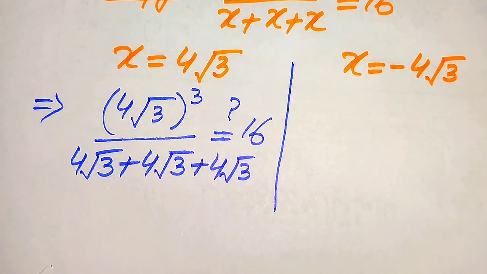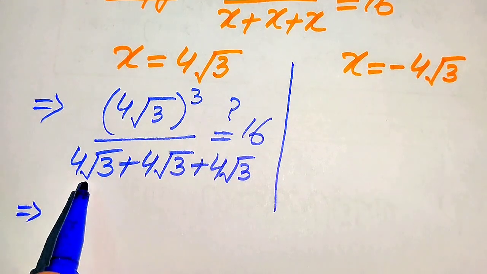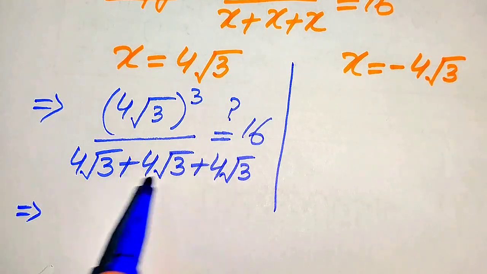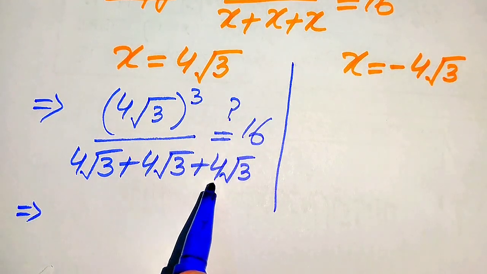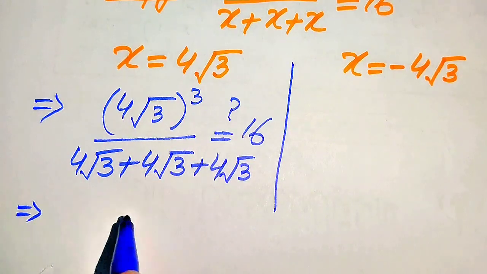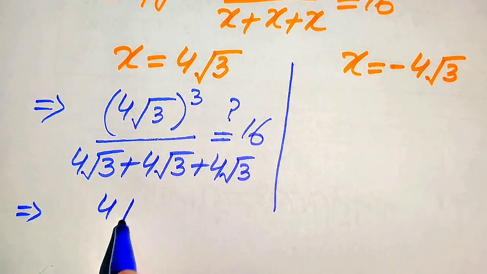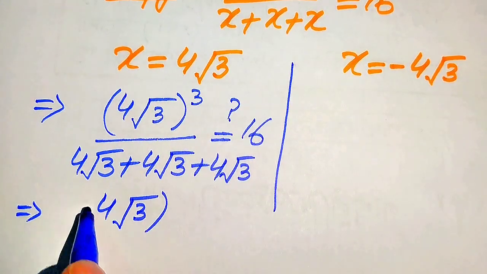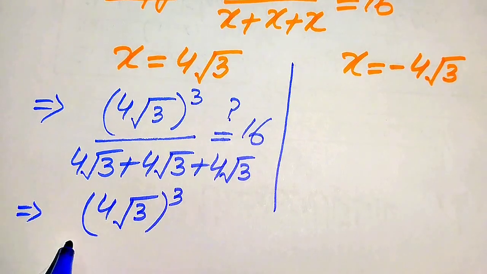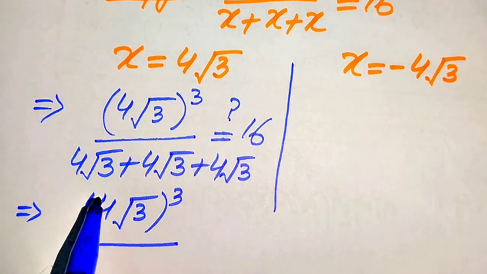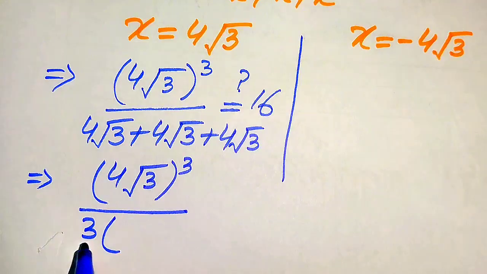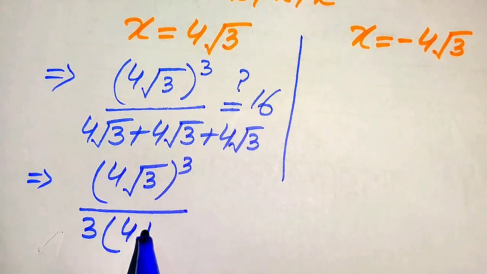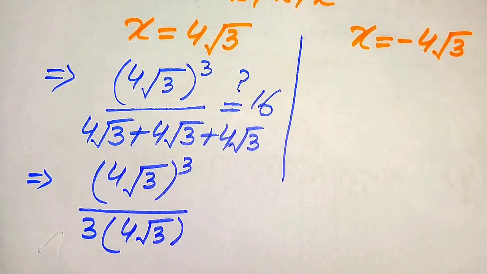And now here you see that when we add these terms three times, we get (4 times the square root of 3) whole cubed divided by, because this is added three times, we write it as 3 times 4 into the square root of 3.